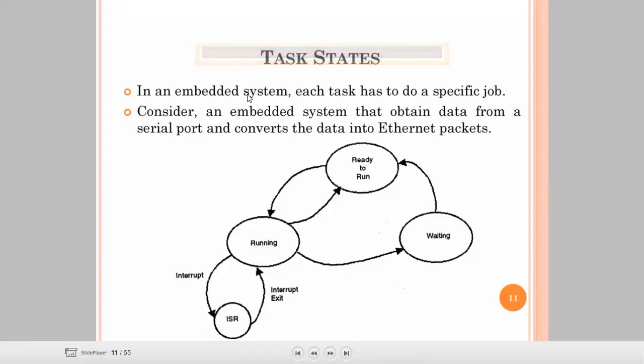Here we consider an embedded system that obtains data from a serial port. The assumption is that I want to take some data from the serial port and convert that data into Ethernet packets. The task is to take that serial data and convert the collected data into Ethernet packets.